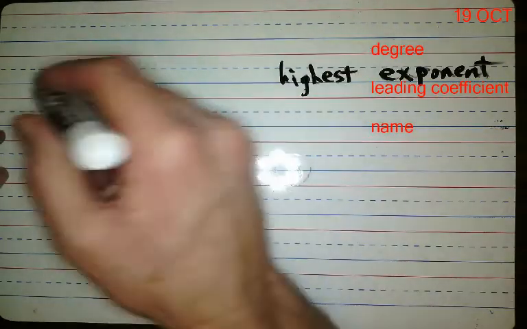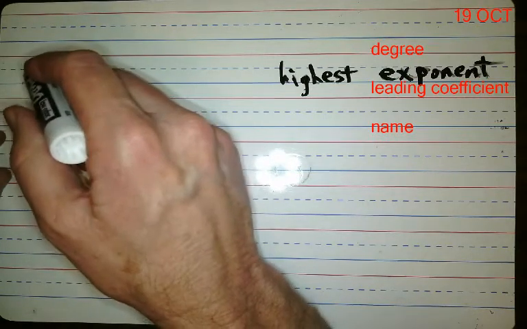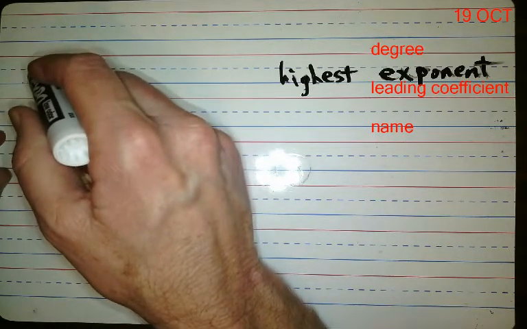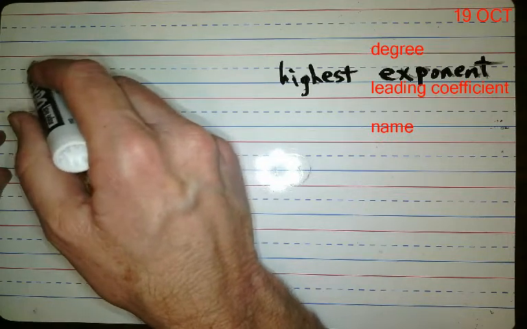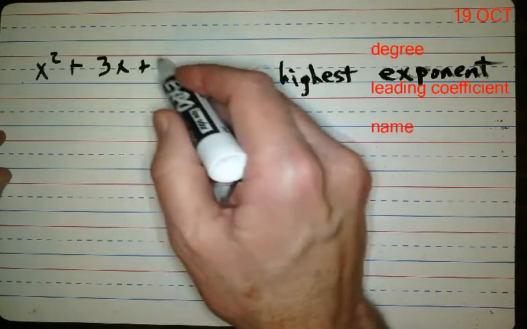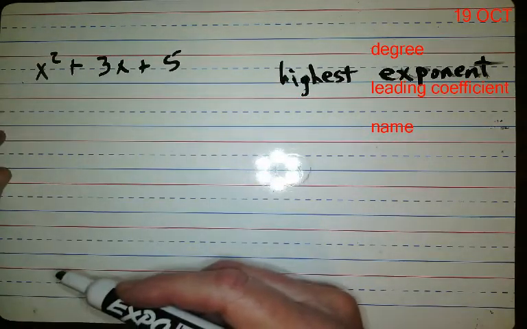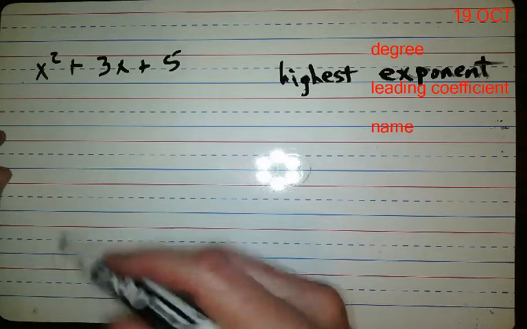Okay? So, if we had a polynomial, which just means many terms, if we had something like this, x squared plus 3x plus 5, the highest exponent there is 2, and you'd say degree 2.